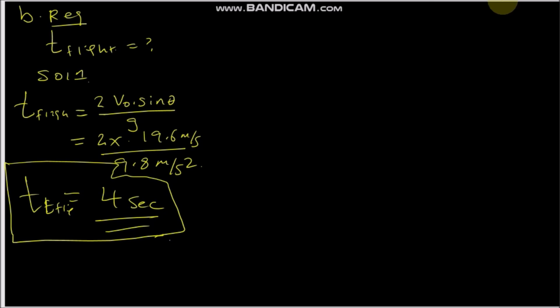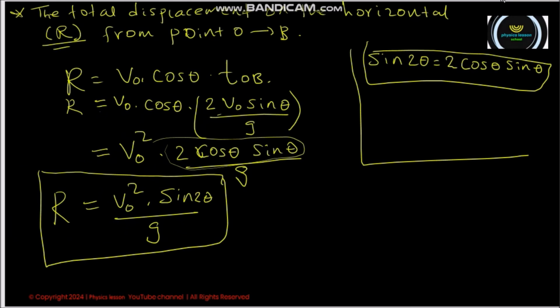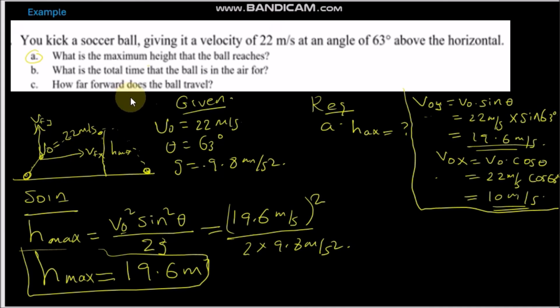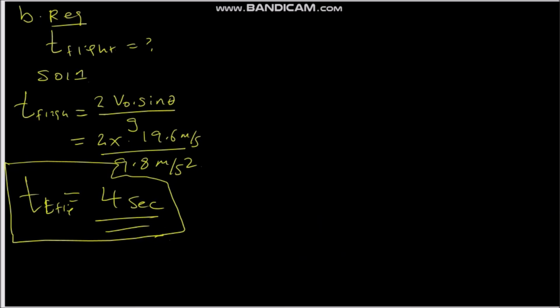Good. All right. The third question: how far does the ball travel? You are required how far the ball travels at 4 seconds. You are required x equal to how much?